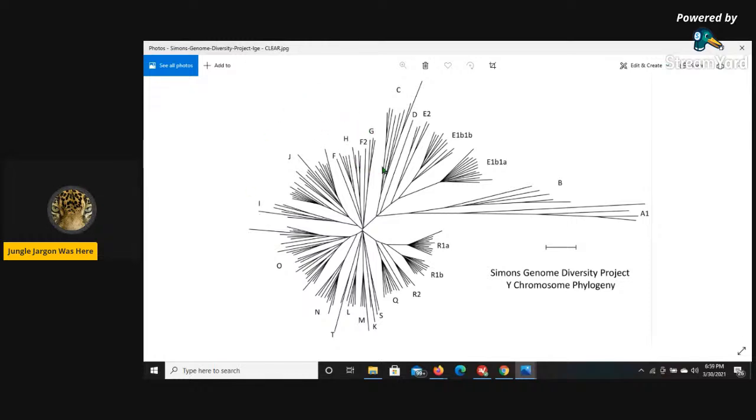So, in labeling the Semitic Y chromosomes, I'm guessing or saying that F is the descendants of Elam, Elamites. G is the descendants of Asher, the Assyrians, and H is the descendants of Aram, the Arameans.